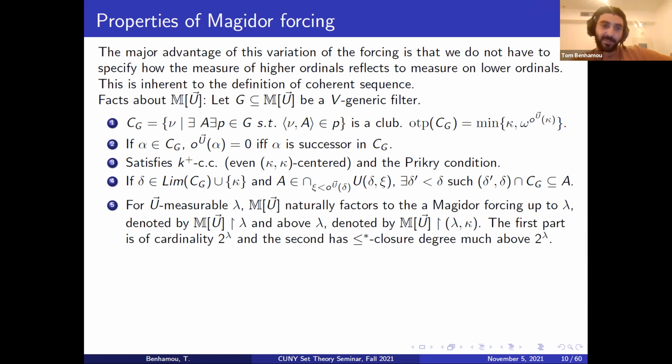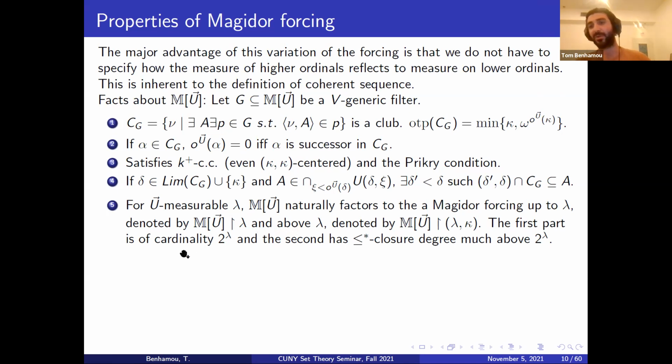So the next fact is that, given a U measurable lambda, there is a natural way to factor the forcing above a condition which has lambda as one of the ordinals in the pair. What do I mean by U measurable lambda? Simply that the order of lambda is larger than 0 in the coherent sequence. So given any condition P in MU for which lambda is one of the measurables appearing in P, we can factor P into two parts.